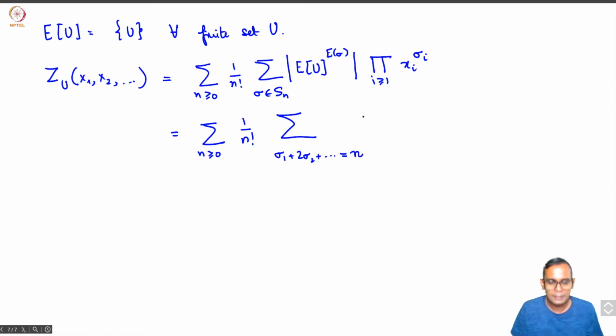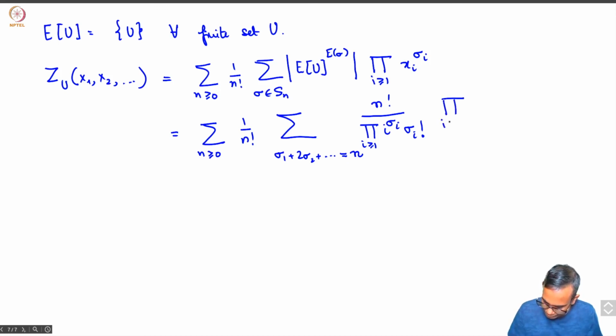And then the number of permutations with this cycle type is just n factorial divided by product over i greater than or equal to 1, i to the power sigma i times sigma i factorial. This is something we've seen before. And then we have product i greater than or equal to 1, xi to the power sigma i.